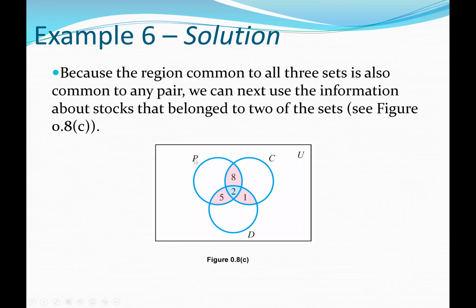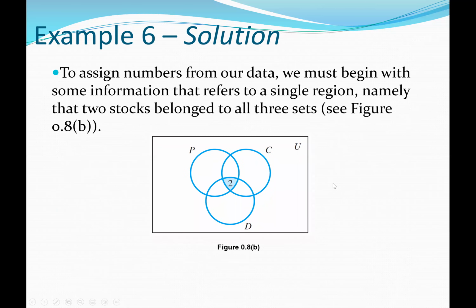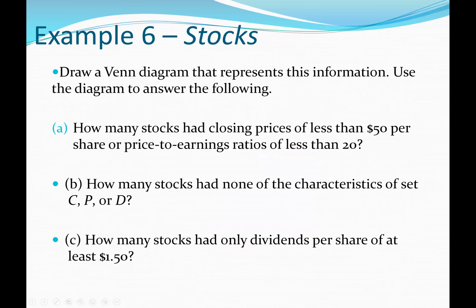So this means P and C together have 10, based on the condition. Now, why do we have 5 here? Because D also has 5 plus 3, whereby P will be total 15, etc. So we just look at the conditions here and we assign all the values.